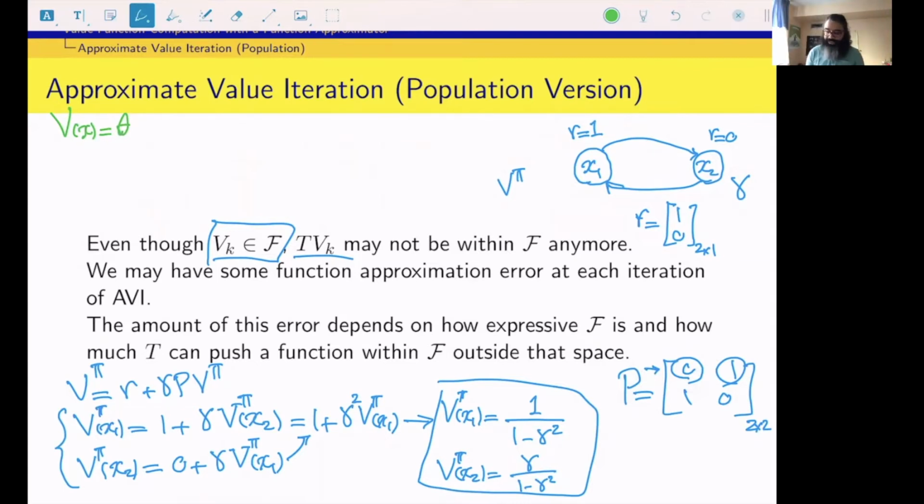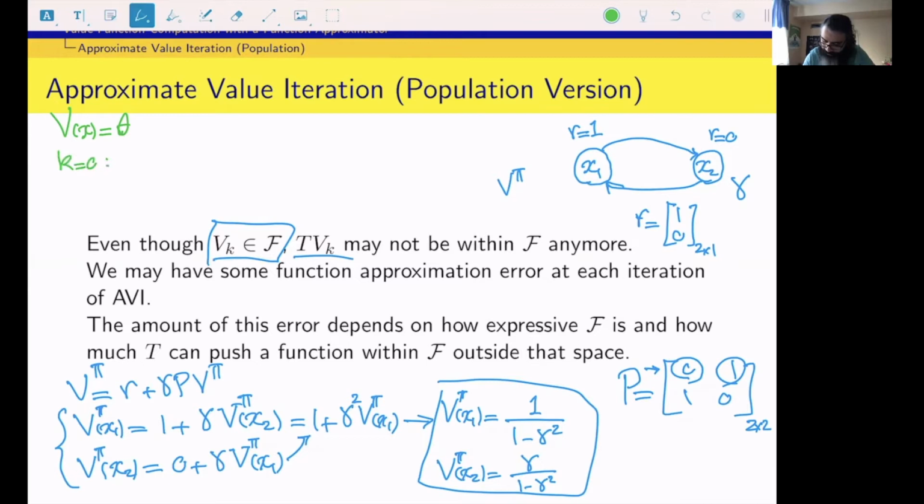So this means that if x is x1, it gives theta. If x is x2, it gives theta. So this is a function that is piecewise constant, but there's only one piece. Suppose we start from v equal to 0, at iteration k equal to 0.